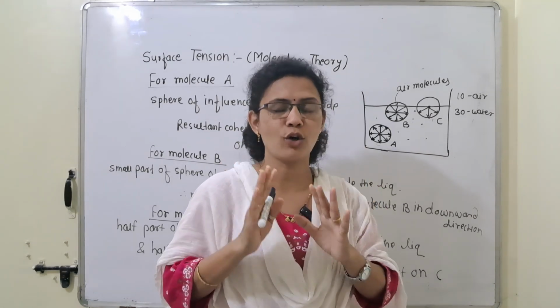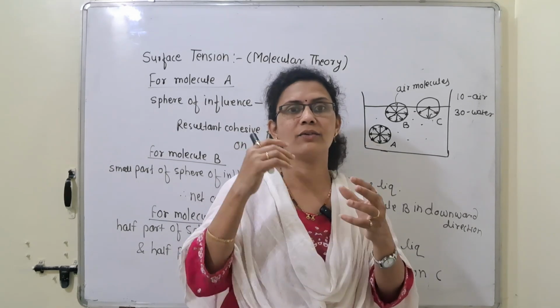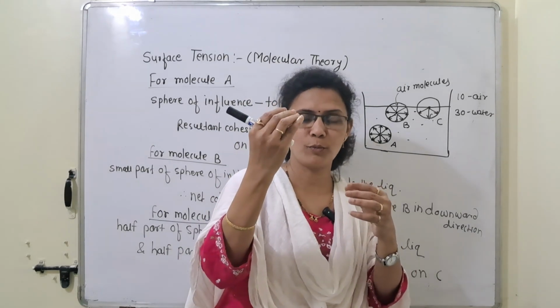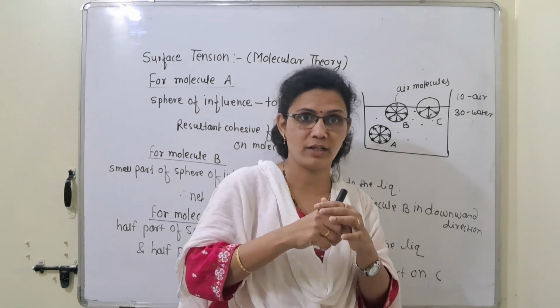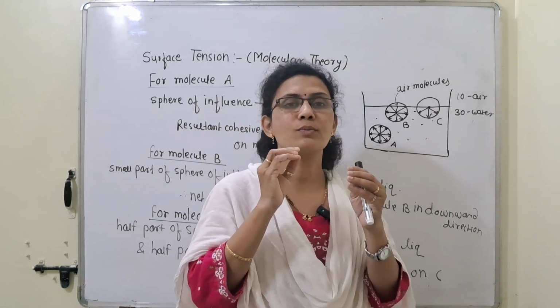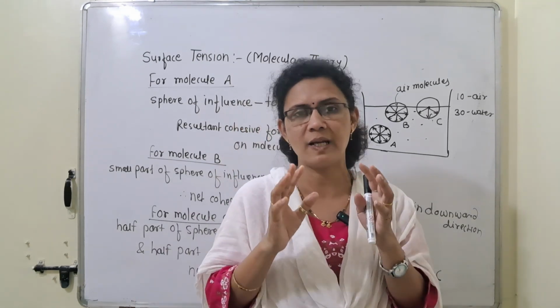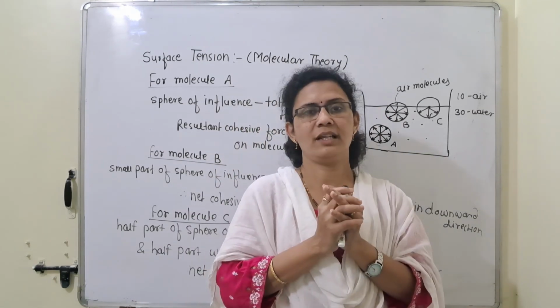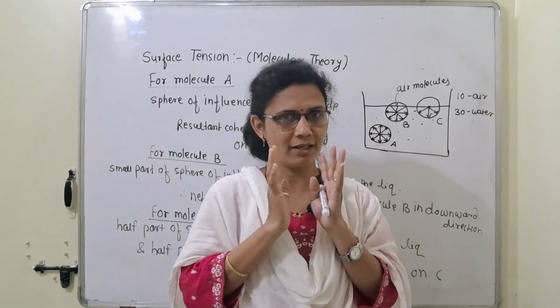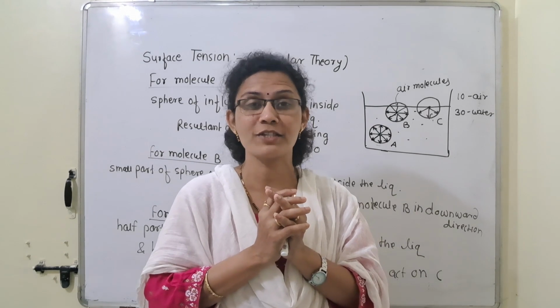Sphere of influence, not molecule A, B, C. Remember this prominently, that you have to write the small part, half part, and total sphere of influence present inside the liquid. You understood this derivation or this explanation of molecular theory of surface tension.